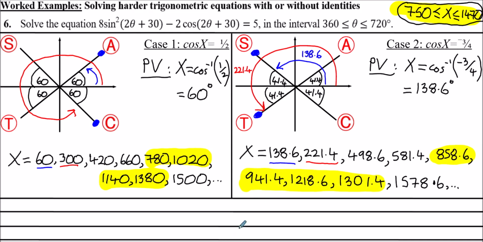Okay, so we're nearly good to go now. What we're going to do is write down all the required values of big X. So the smallest one is 780. Next along we had 858.6. Next up 941.4.